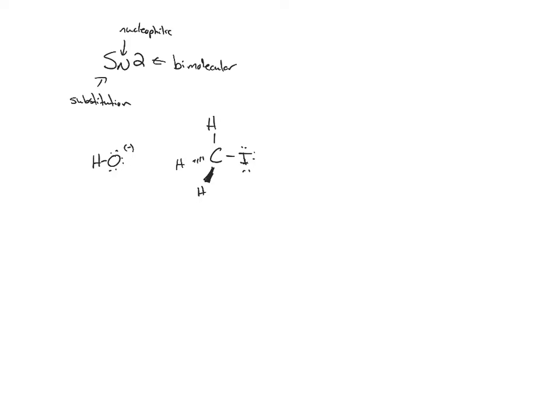So in an SN2 reaction, as the nucleophile is attacking my carbon, the leaving group is leaving at the same sort of time. Okay? So I'm going to try to draw a picture of what the transition state is. So the transition state looks something like this.